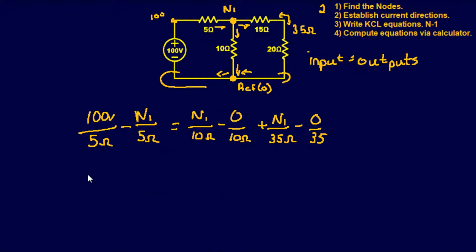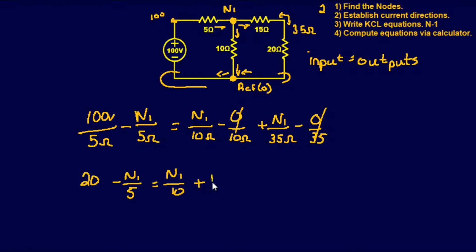So for this one it's going to come out to be 20 minus N1 over 5 equals N1 over 10. Now I'm not going to bring these down because 0 over 10 obviously is 0, so there's no point in adding that in there. So in a sense these don't exist. They're 0. There's no point in adding and subtracting zeros.